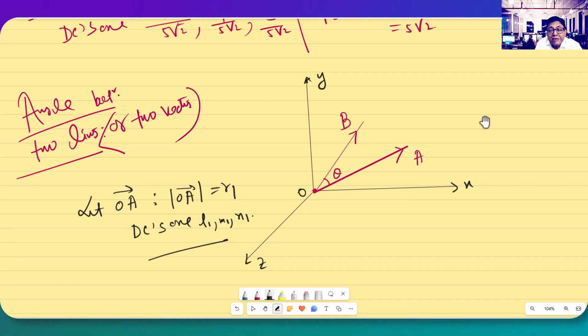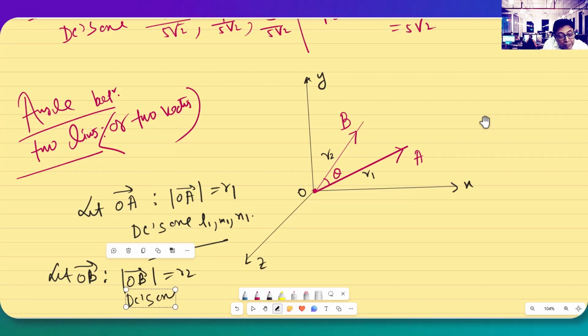So, this one has length R1 and the direction cosines are L, M, N. Okay, this one say R2, let OB be specified by this length R2 and this is L2, M2, N2. Alright? So, length you know, direction cosine you know.